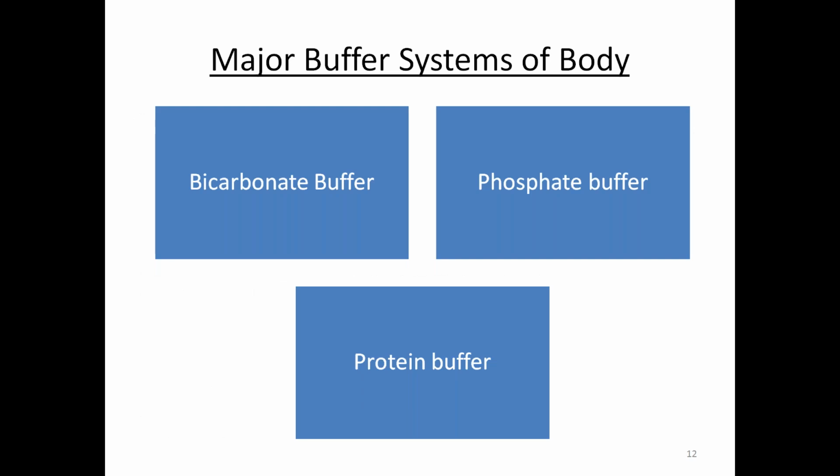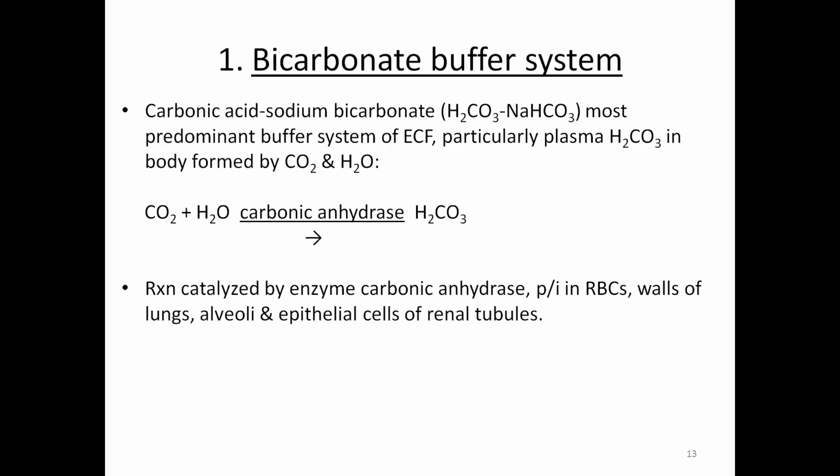Now, which are the major buffer systems of the body? So you have the bicarbonate buffer, the phosphate buffer, and the protein buffer. Okay. So, starting with the bicarb buffer. Carbonic acid and sodium bicarbonate is the most predominant buffer system of ECF, especially plasma.